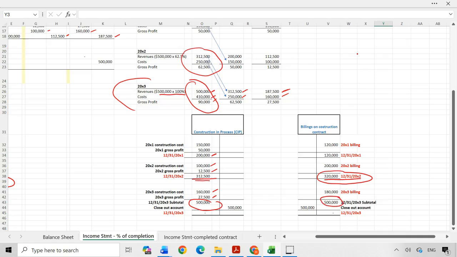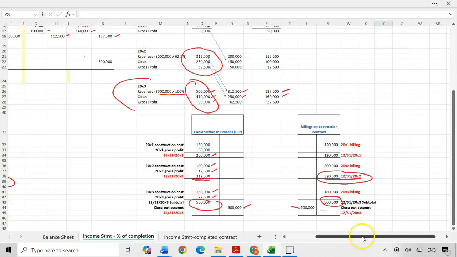Okay, so then in order to close those accounts out, the very last entry we do at the end of the contract is we close those accounts out. So construction in process should have a debit balance, so I'm going to credit that account by $500,000, and my billings on construction should have a credit balance, so I'm going to debit that account to zero it out.